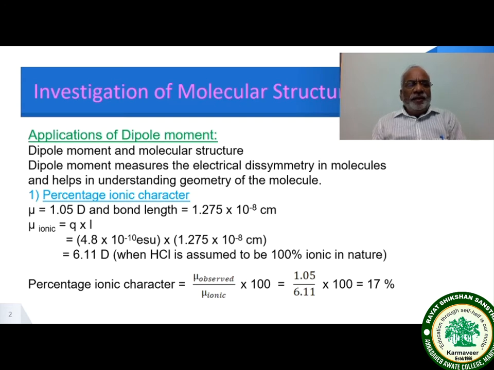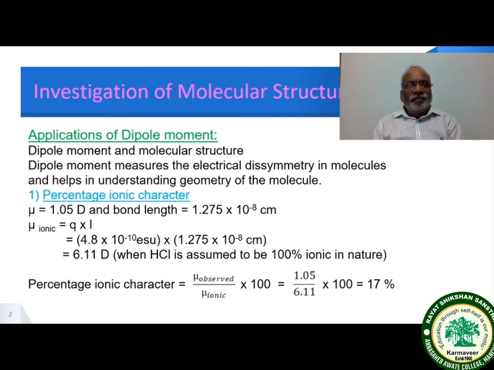Okay, now let us consider the first application, percentage ionic character. In this application, let us consider the very simple molecule hydrogen chloride, HCl, and let us assume that the chlorine is electronegative, and in formation of the bond between hydrogen and chlorine, the pair of electrons is completely towards chlorine.